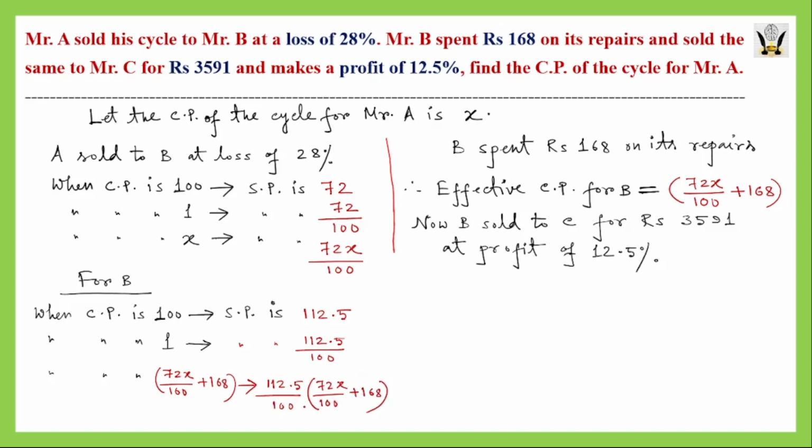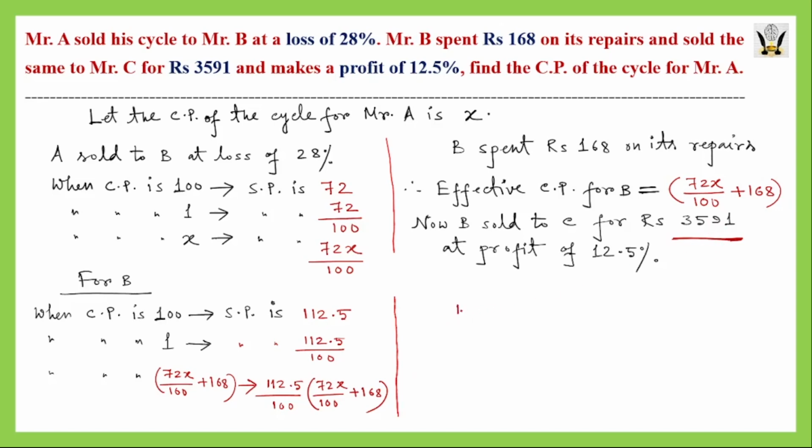So this is the selling price of that cycle for Mr. B, and this is the cost price for Mr. C. And Mr. B sold this cycle to Mr. C for rupees 3591. So rupees 3591 is the selling price for Mr. B. That means this amount and this amount are same.